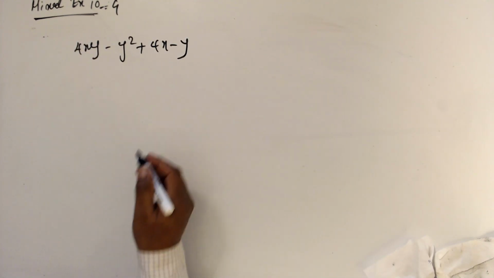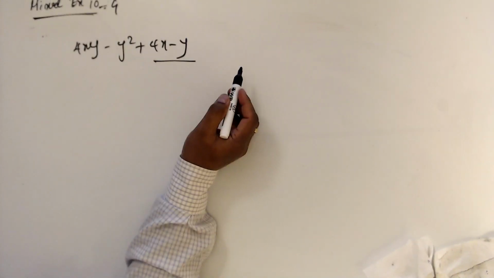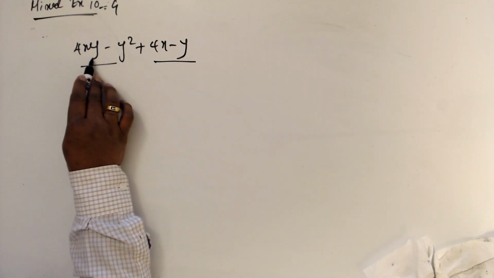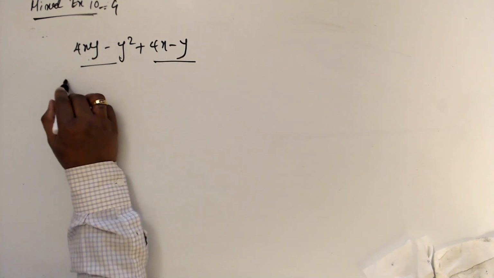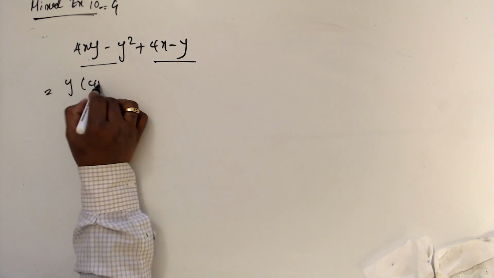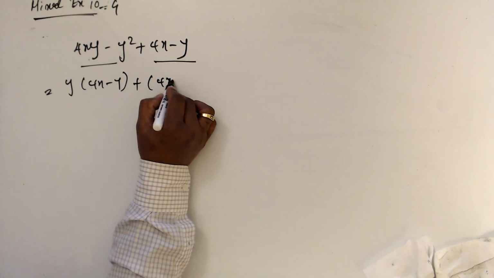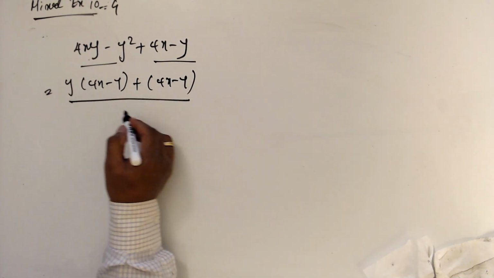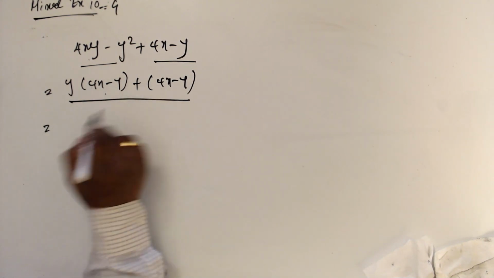Question number 9. So I need to factorize. When I look at it, I can see 4x minus 1. I can see here 4x minus 1 multiplied by another y. So I'll factorize y here, then 4x minus y. From here, I'll factorize 4x minus y common.